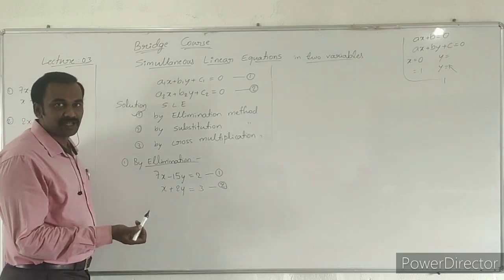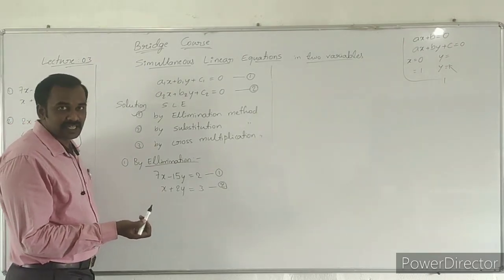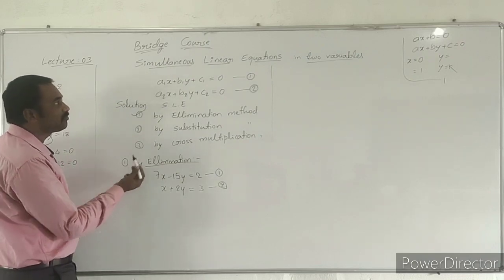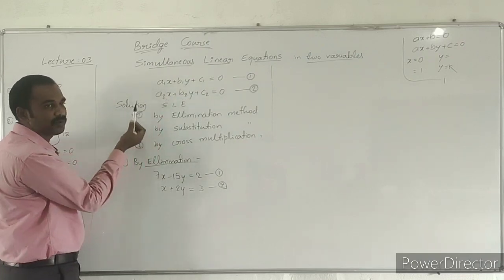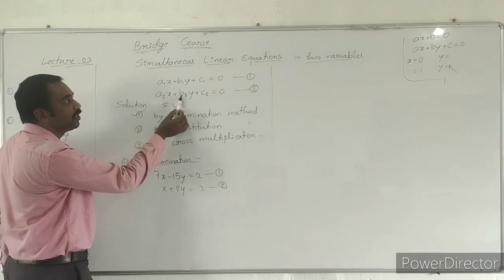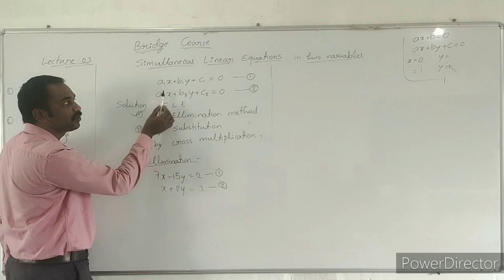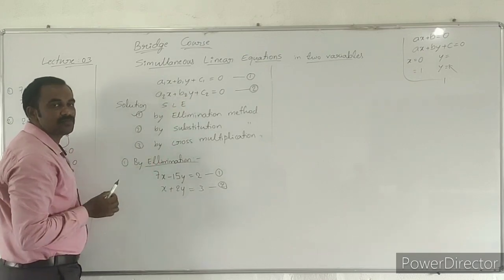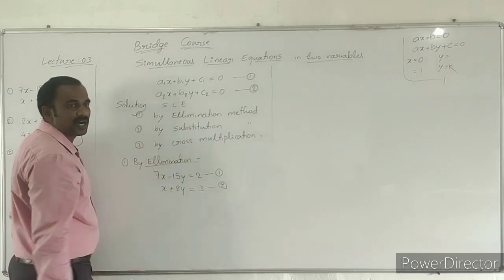Coefficient, in Kannada we say sahaguna, Kannada students. Here in English we say coefficient. In equation number 1 and equation number 2, a1 and a2 are the coefficients of x, b1 and b2 are the coefficients of y, and c1 and c2 are the constants.